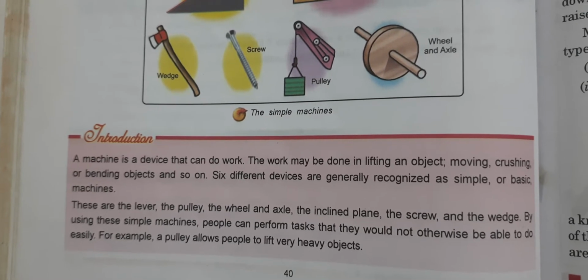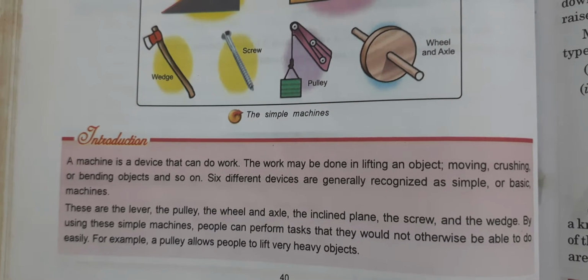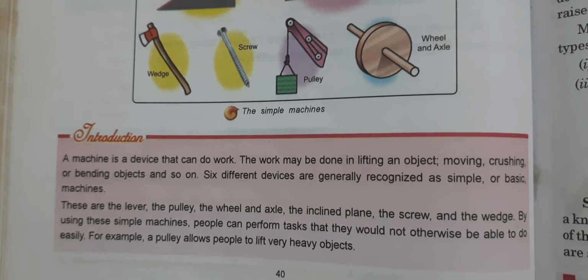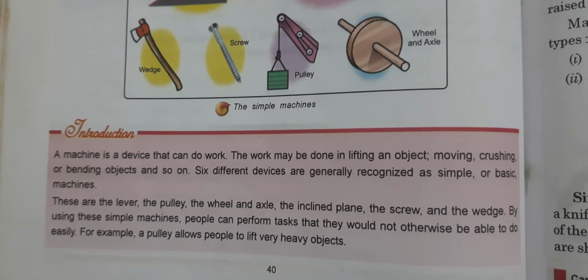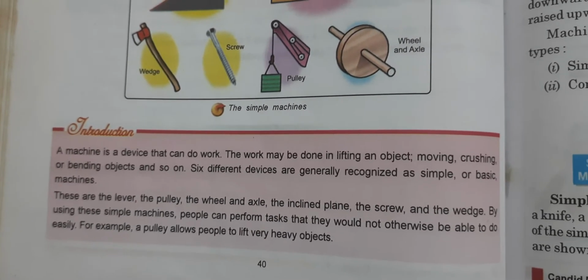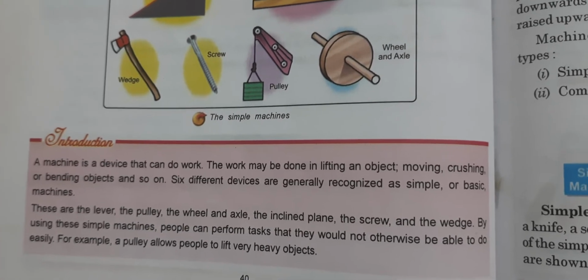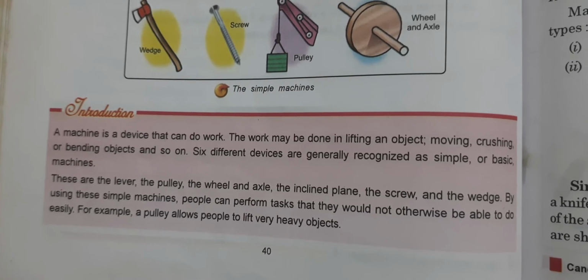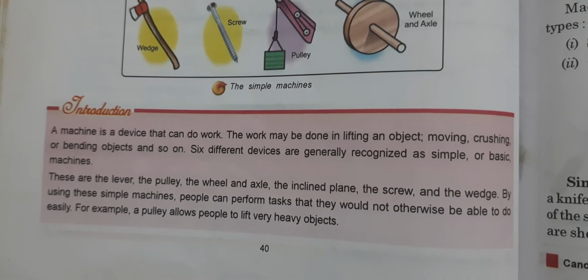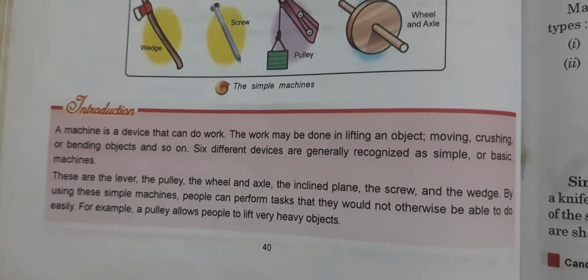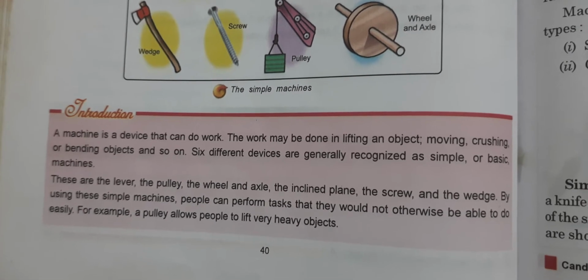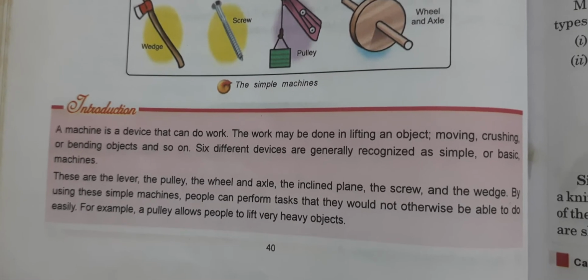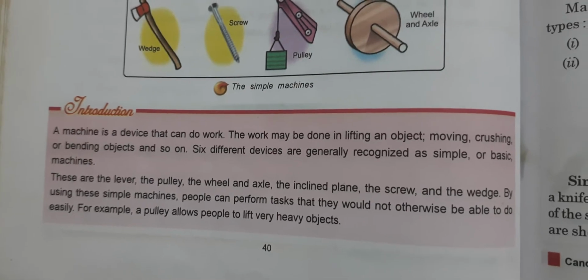If you are using a stick to pick up some plastics from the ground, in your SUPW period, sometimes maybe your teacher had taken you outside your class and told you to pick up leaves and some waste plastics. What do you have to do? You have to bend down, right? Then bending down makes you work more and makes you strain your body. But if you're using a stick, you don't have to bend down, right?